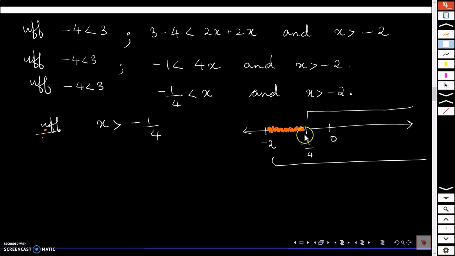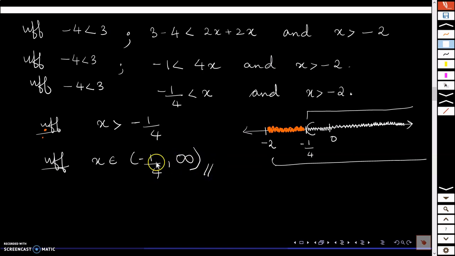Now x is bigger than minus 1 by 4, that means x will be here where I am marking in white, and that is nothing but the open interval minus 1 by 4 comma infinity, and that will mean if and only if x belongs to the interval minus 1 by 4 comma infinity.